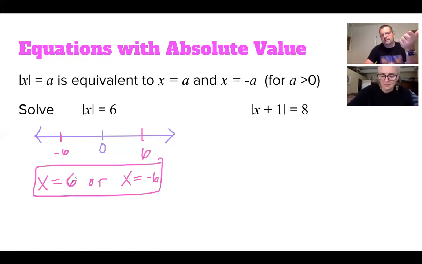I do want to see a little more work if the problem's a little more complicated, like the one on the right side. So you basically set the stuff in the absolute value bars equal to the positive of the number and the negative of the number. In this case, I'm just going to break it down. It's like finding that 2 pairs of shoes for the price of 1 deal again.